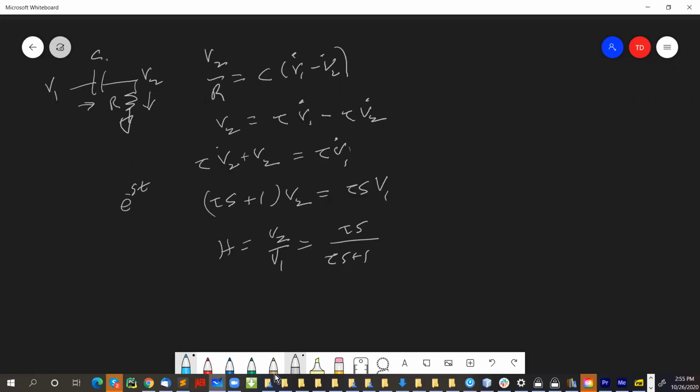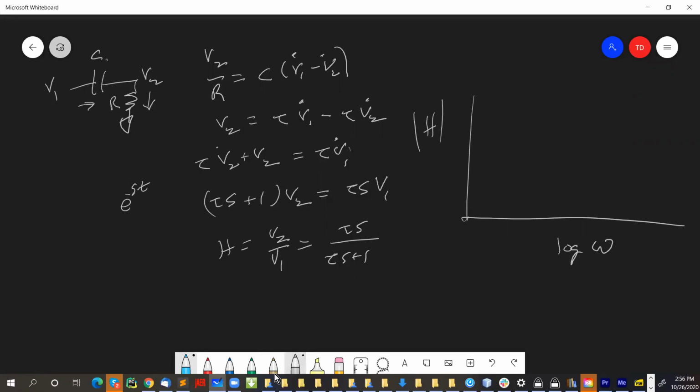Okay, so let's see what that looks like. Again, I'm going to plot the magnitude of H here as a function of j omega, the log of omega. Okay, so I'm going to plug in that s is equal to j omega. In other words, it's a point on this imaginary axis.